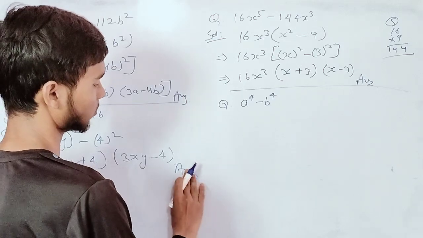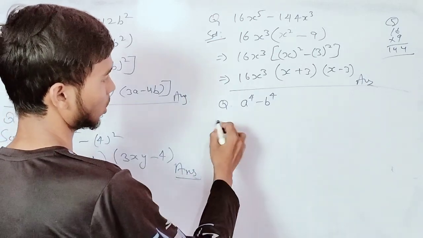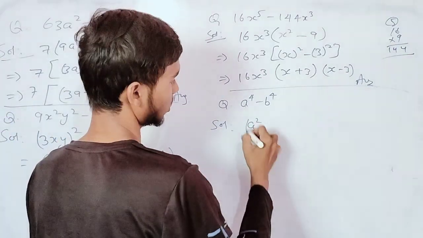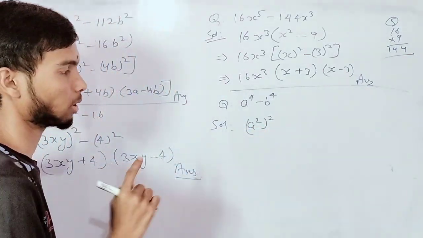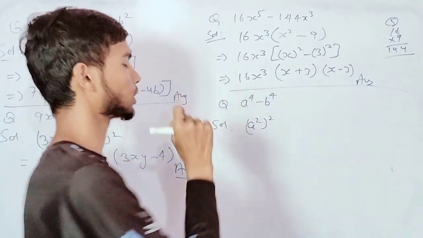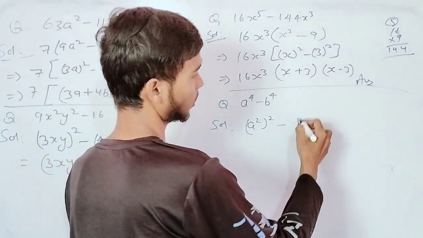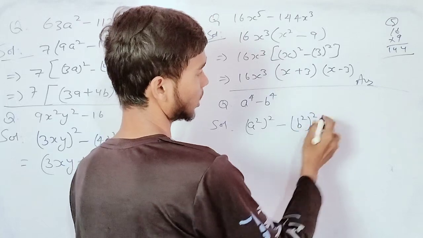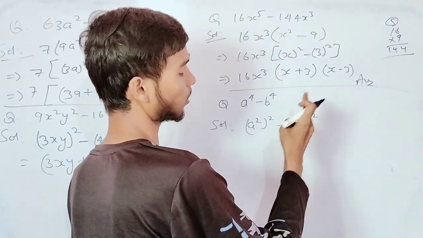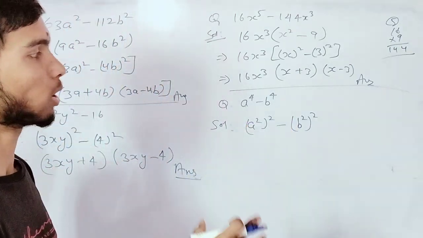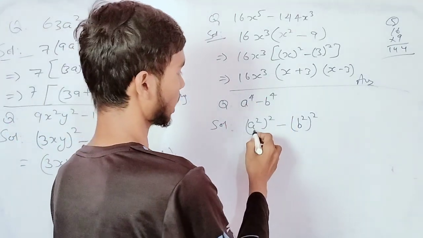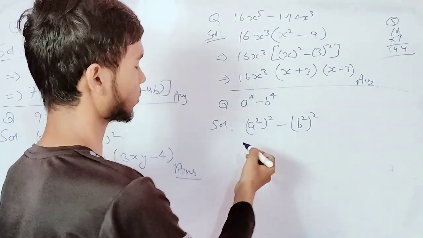Now in this question, it can be written as a square. Meaning of this is what? a square into a square will give a raised to power 4. It is telling you that you will write this two times in multiplication. Then b square into b square will provide b raised to power 4. As you know, it is the value of a and it is the value of b.